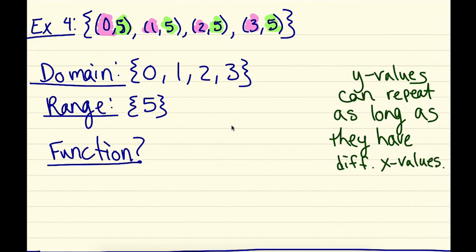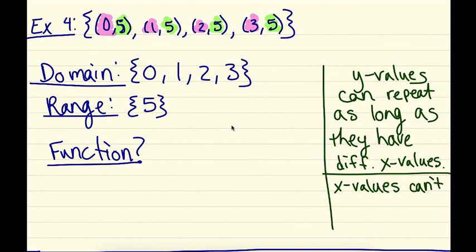Another way that you could maybe word this is you could say x values can't repeat. Just like in that last problem, our x values repeated and gave us different y values, and that was not okay. That meant that it was not a function.